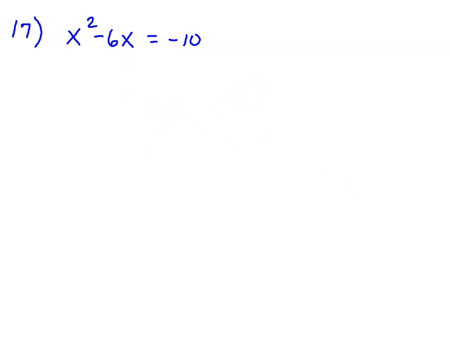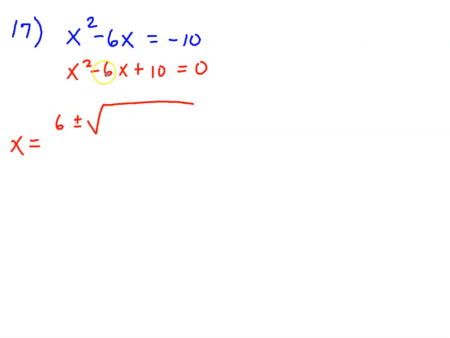Okay, now the completing the square problem, but before I can use the quadratic formula, I have to get this in standard form, which means I'm going to have to add 10 to both sides. All right, so here we go again. The opposite of b, which would be positive 6, plus minus square root of b squared.